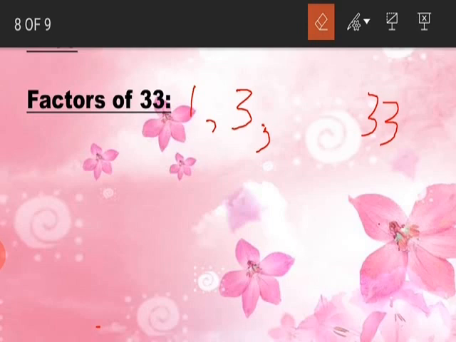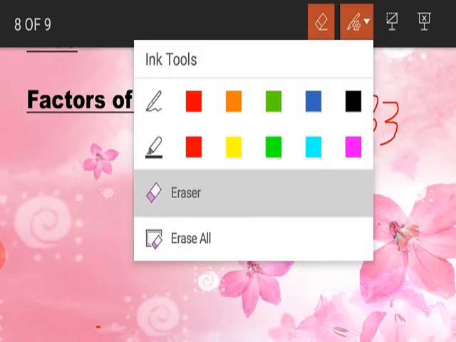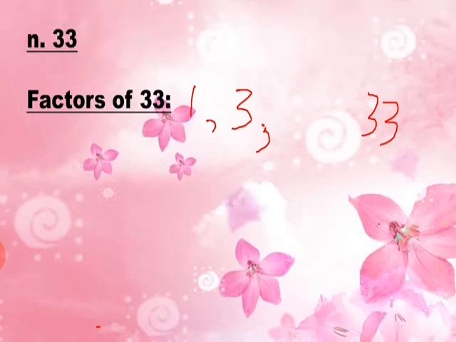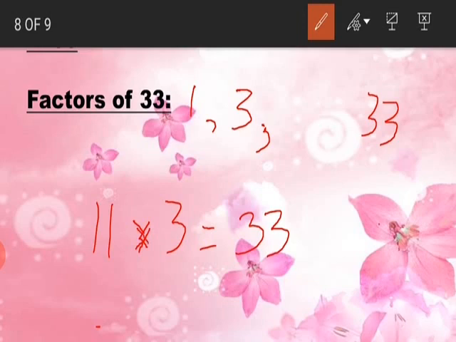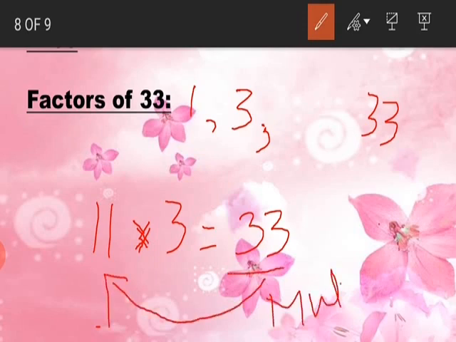Now class, look for 11. Is 33 a multiple of 11? Yes. How? 11 threes are 33. So 33 is a multiple of 11.